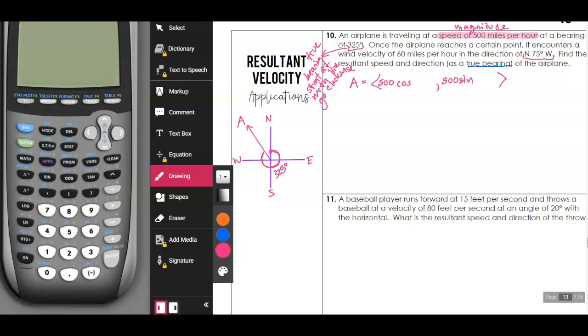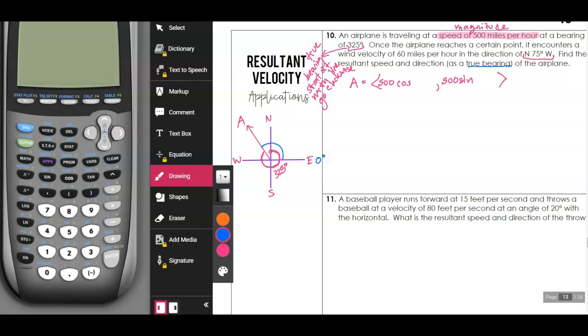Now in the formula, when I said it's 500 times cosine of our angle, our angle is not ever bearing. Instead, what it is is a direction angle. Direction angles always start from the 0-degree angle, right? The positive x-axis, and they go counterclockwise until they reach our vector.